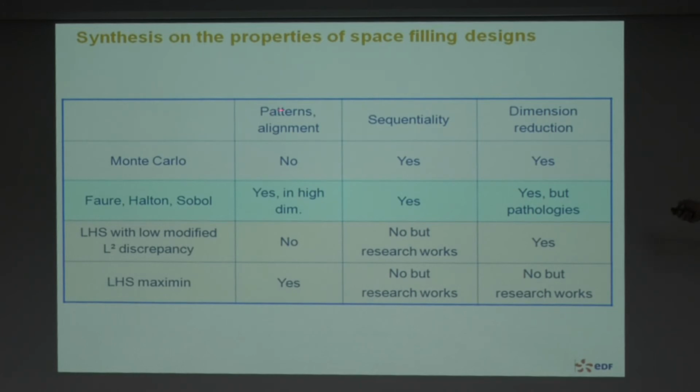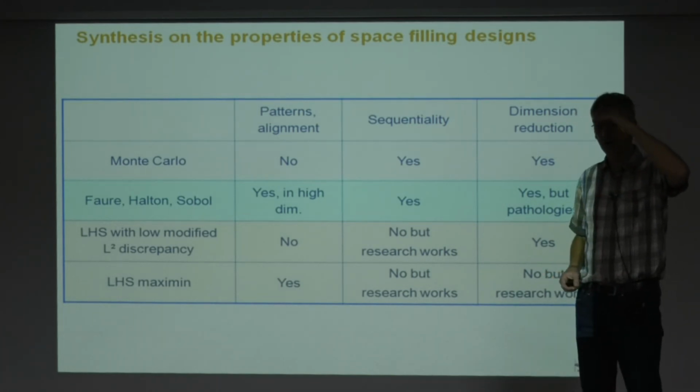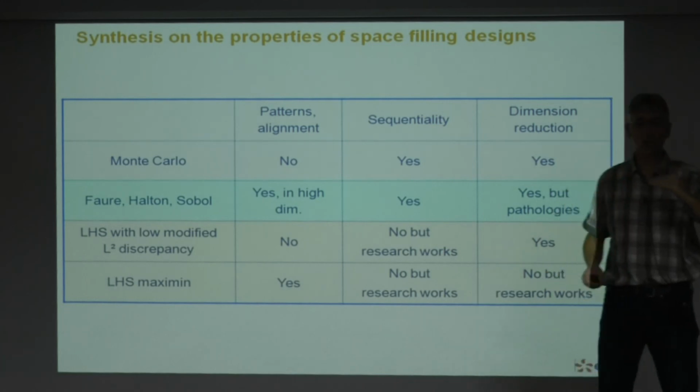So the 3 properties are the following. Are there some patterns, some alignment of the points that I want to avoid? Do I have a sequentiality property? It means that I have an ordering of the points that I propose.